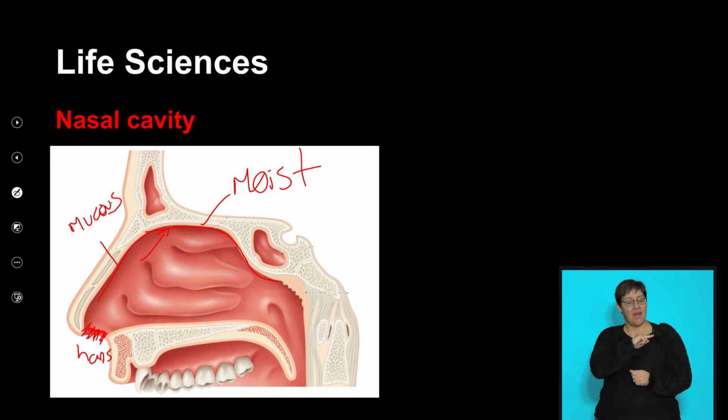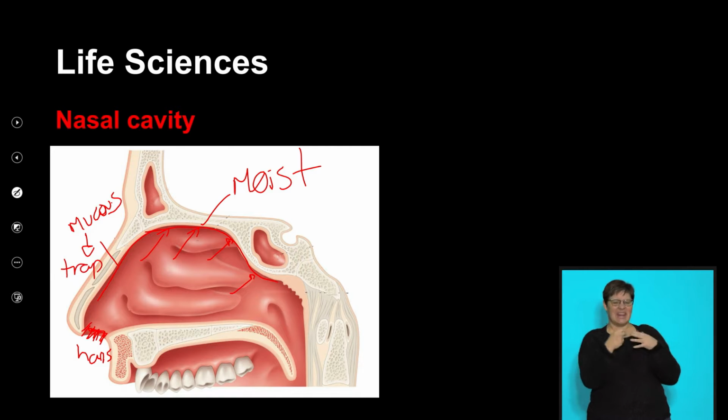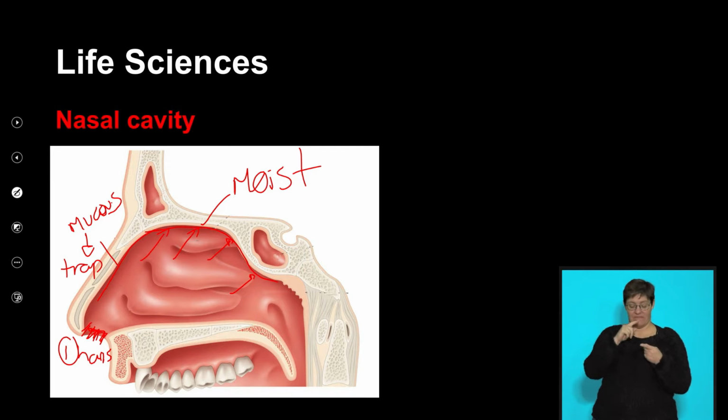Because the oxygen must dissolve into a moist lining. But not only is it moist, what else does the mucus do? The mucus is also going to trap any dust or foreign thing and bring it out. So I'm going to have hairs, I'm going to have mucus.